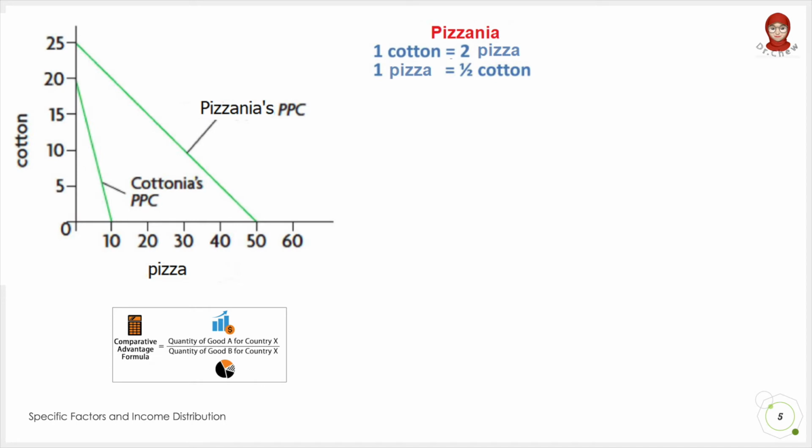In Pisania, the opportunity cost to produce one cotton is to give up two pizza, whereas the opportunity cost to produce one pizza is to give up half a cotton. So, Pisania has the lower opportunity cost in producing pizza.